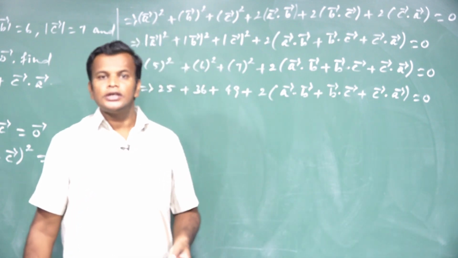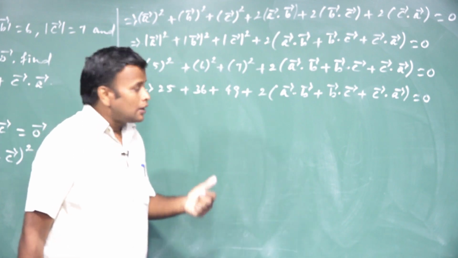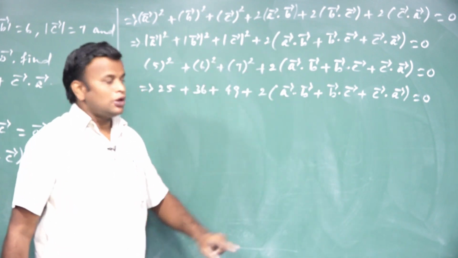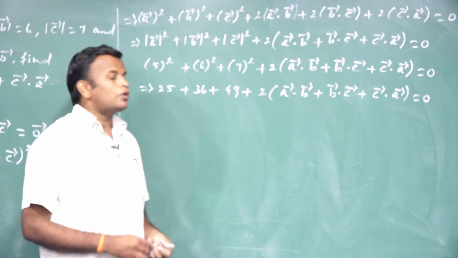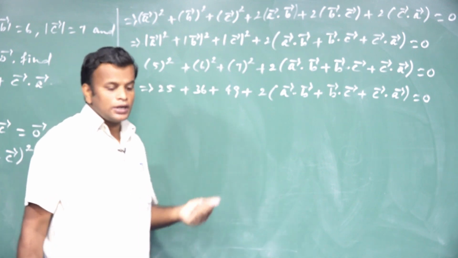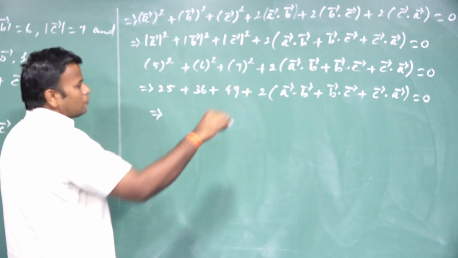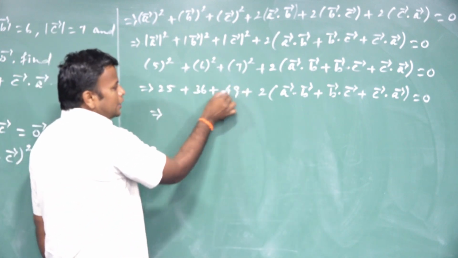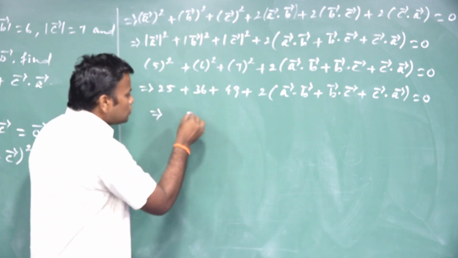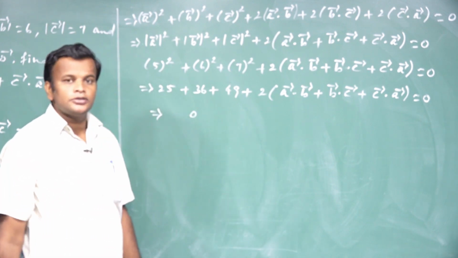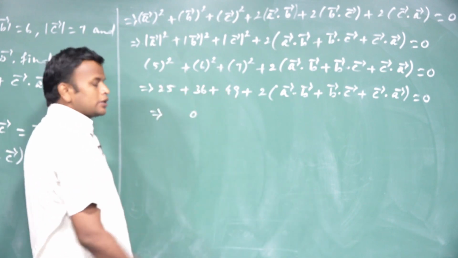Do you have any idea for the next step? First, simplify the numbers, and all the numbers go to the RHS because it is our final question. Now we have these three numbers: 25 plus 36 plus 49. The sum of these three numbers is 110.